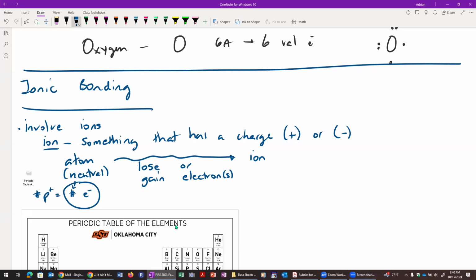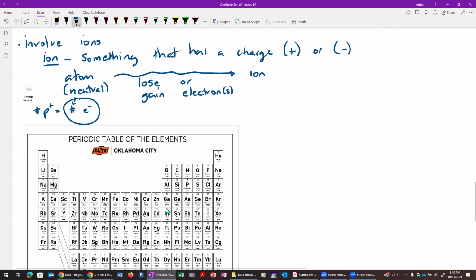Now, on our periodic table, we're going to see a general trend. Metals prefer to lose electrons, right? That's your first general thing that we need to be aware of. Now, remember, metals are on the left side of the periodic table.